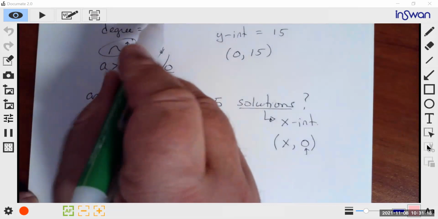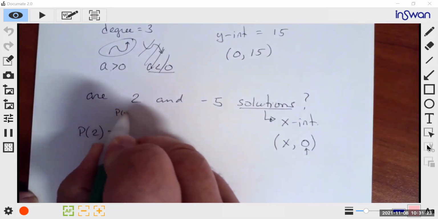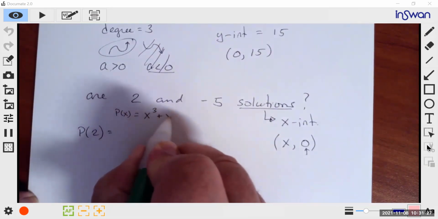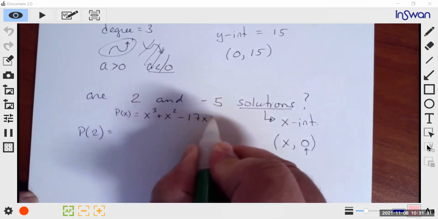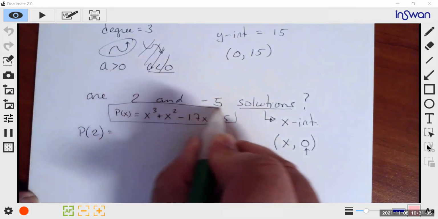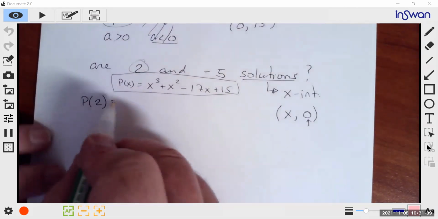So our equation is this: x cubed plus x squared minus 17x plus 15. That's our polynomial. Okay, the first one, I'm going to see if it works.